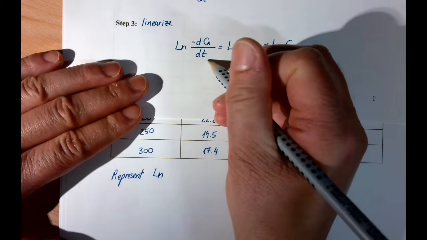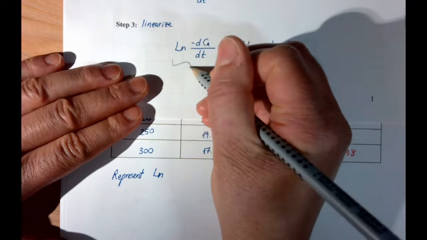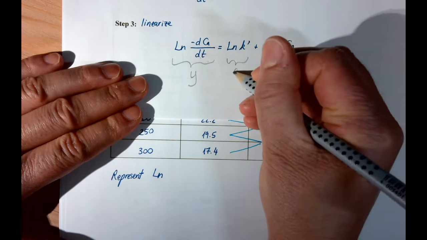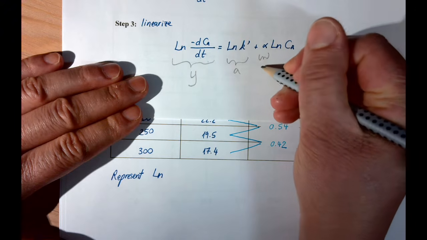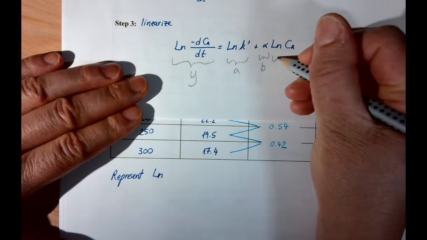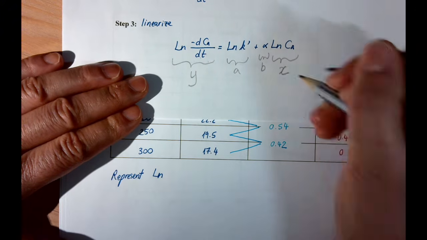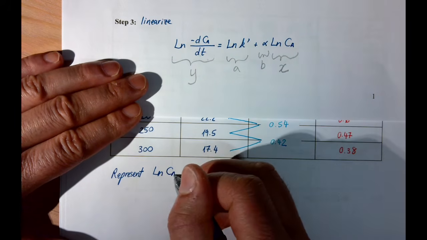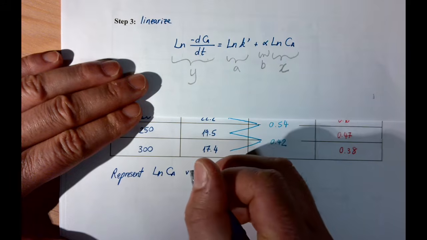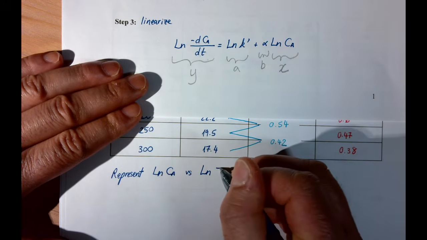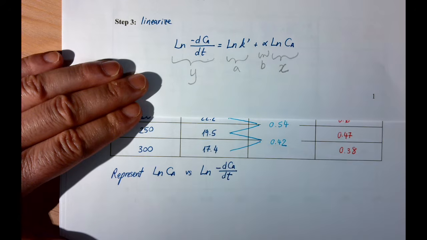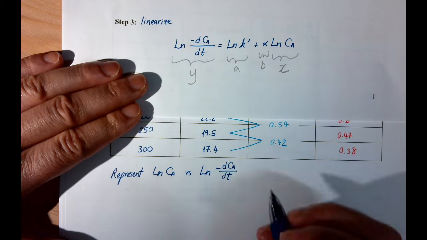Remember, if this is the equation of a line, this would be Y, this would be the intercept, alpha would be the slope, and natural log of CA would be X. So I'd represent natural log of CA versus natural log of minus dCA/dt.